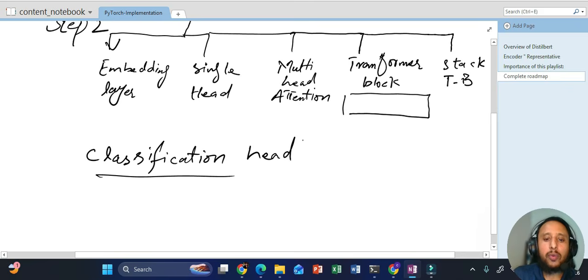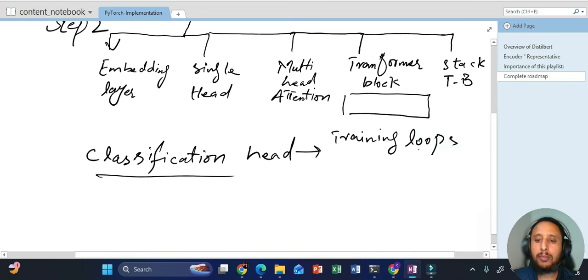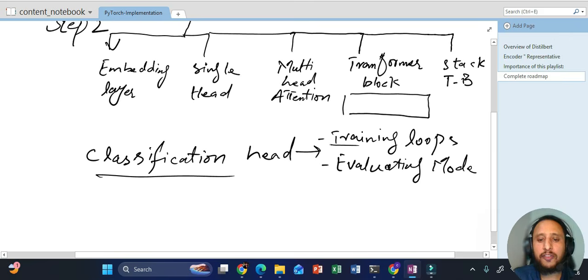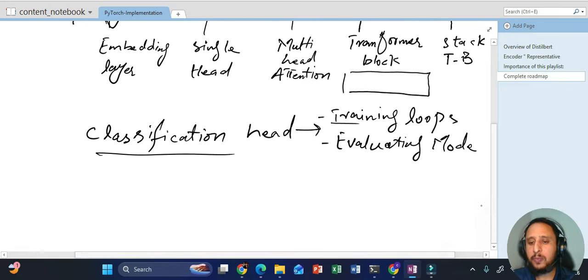Going forward we will be writing our own training loops and evaluating our model. Of course, we will be training our model from scratch using the sentiment analysis data that we will be downloading from Hugging Face. And so this is pretty much it for this playlist, I guess.